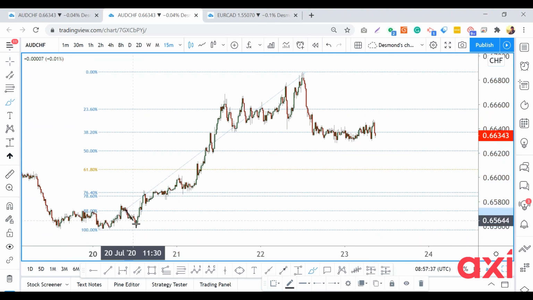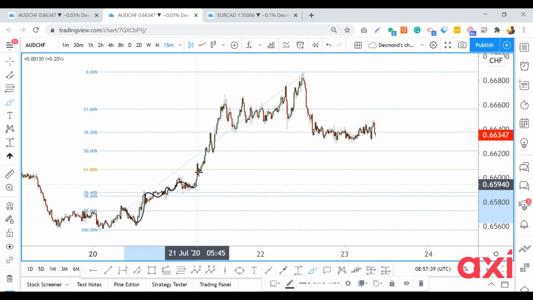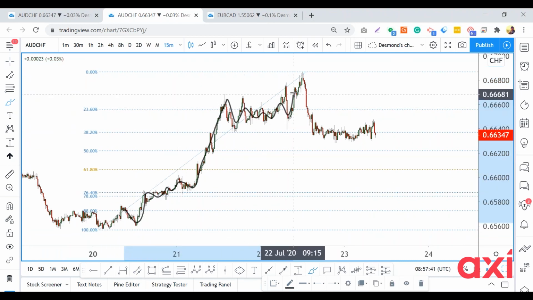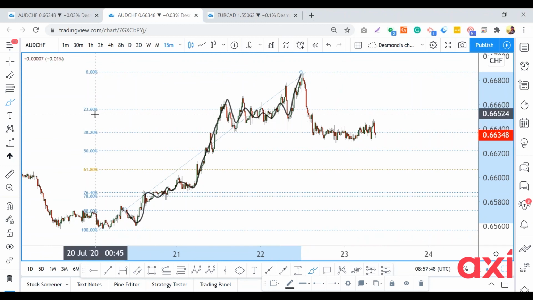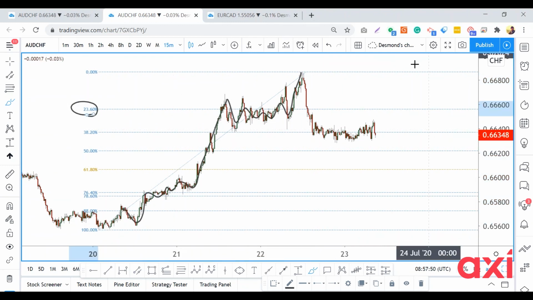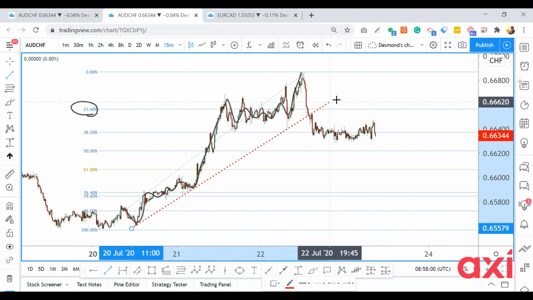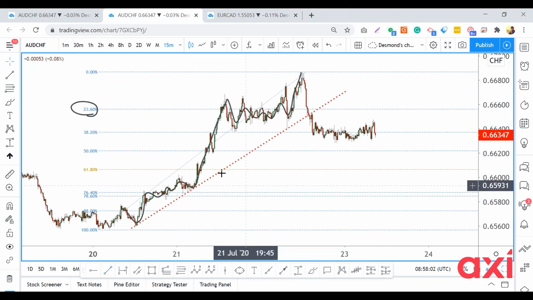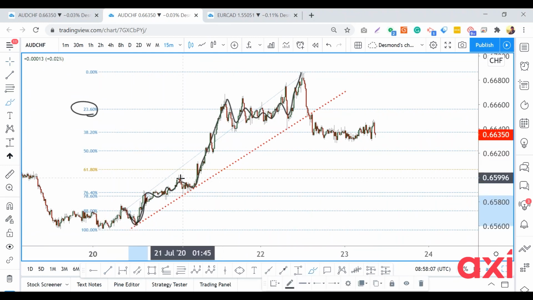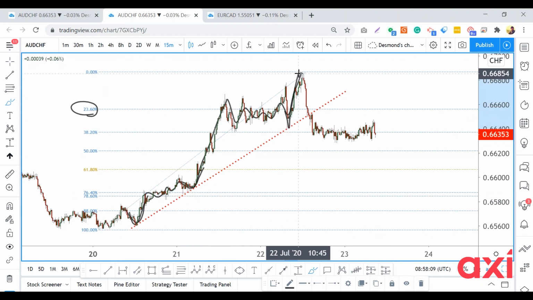If you're seeing price make a higher high, higher high, and it keeps going up, there's this rule that for there to be a change in trend, price needs to break the 23.6 retracement. So if you're trying to play a trend reversal strategy, where maybe you have something like this, you can see this is a trend line where price is bouncing up one time, bouncing up two times, bouncing from here three times.